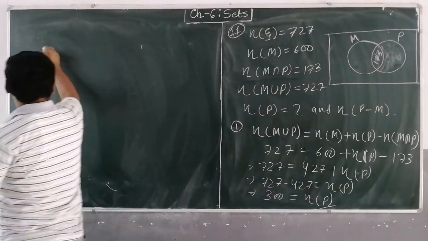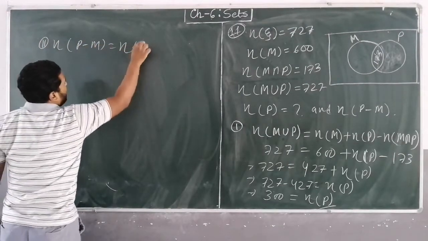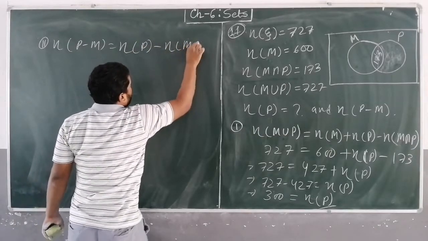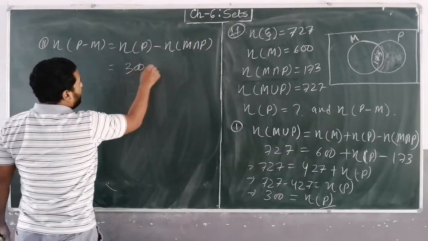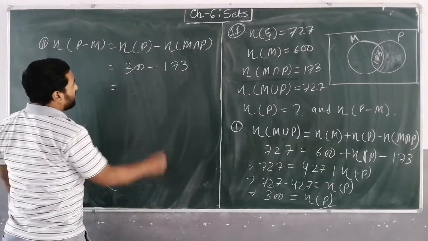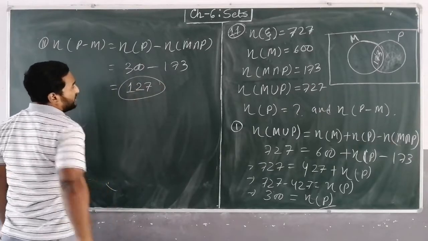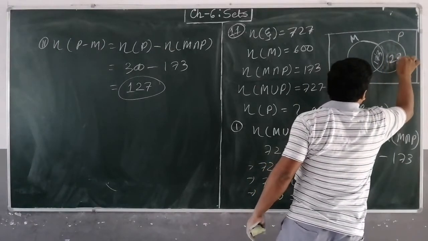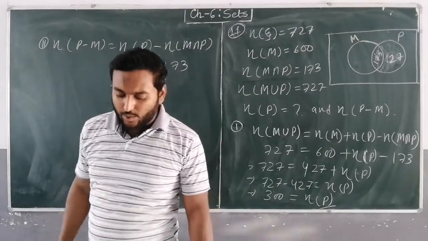So second part, cardinality of P minus M equals cardinality of P minus cardinality of M intersection P. Cardinality of P that we have calculated is 300, minus M intersection P, which is 173. So that is equals to 127. So 127 students offered only physics.